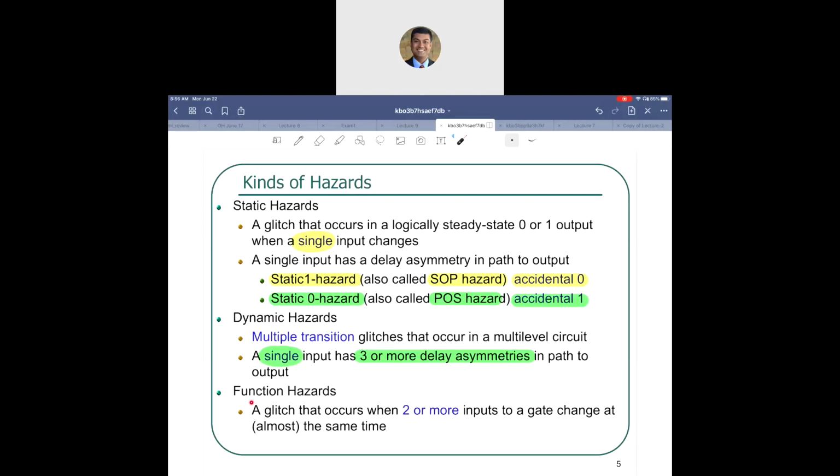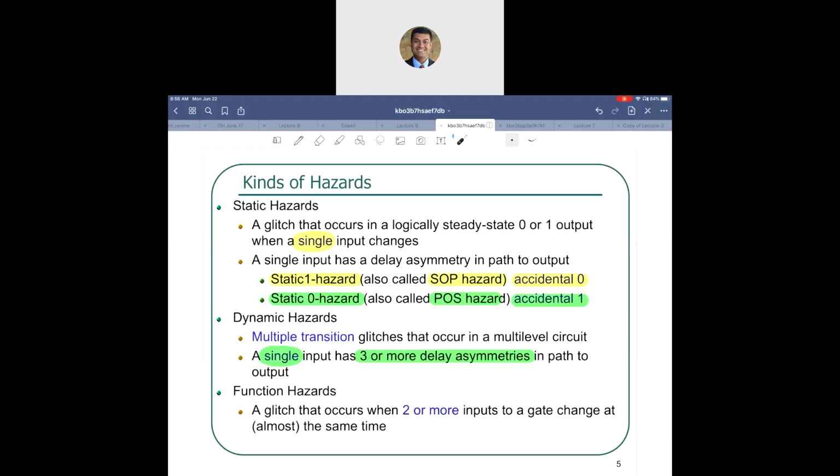Next, function hazard. Function hazards are the most difficult to detect and eliminate. The reason is, in this case, we are not limiting things to only single input. This is going to be when 2 or more inputs to a gate can at almost the same time make a glitch happen.